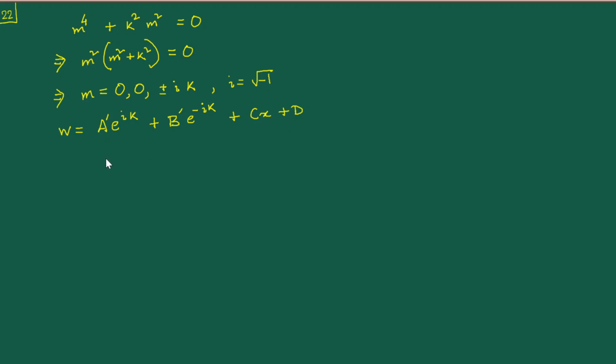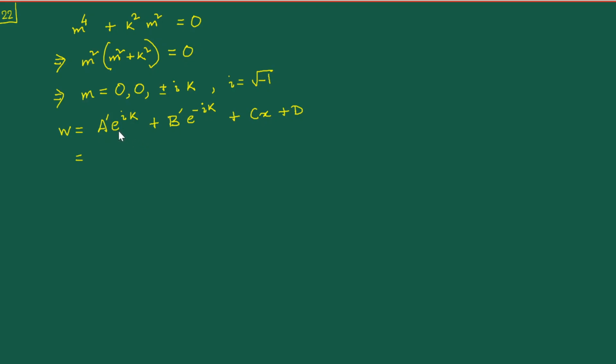Regarding the other part, this plus minus ik, you note that I have written these as a dash and b dash, just to prepare myself for the fact that I would like to rewrite this not in terms of exponentials, rather in terms of cos and sine.